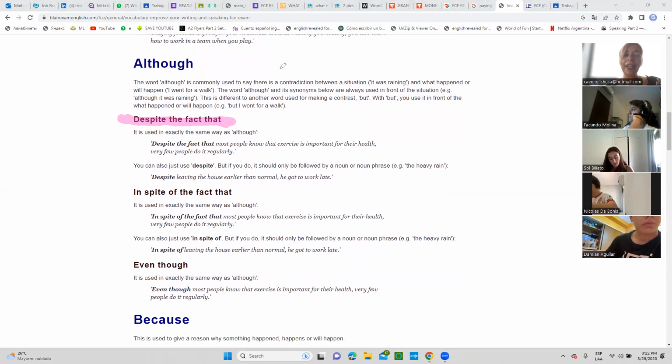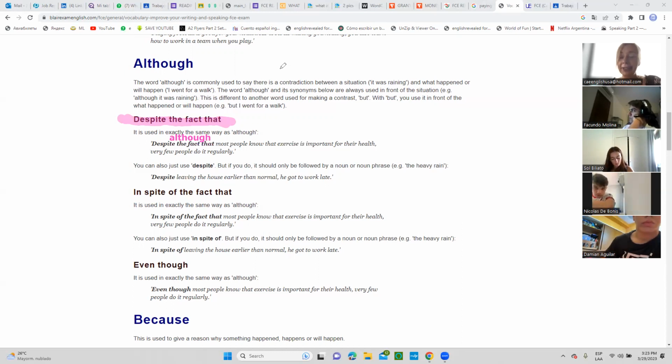Now, despite the fact that, this one is really good. It is used in exactly the same way as although. Despite the fact that most people know that exercise is important for their health, very few people do it regularly. So we can say despite the fact that, or we can say although most people know that exercise.